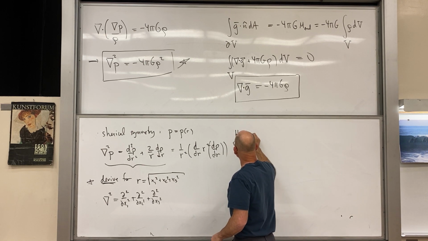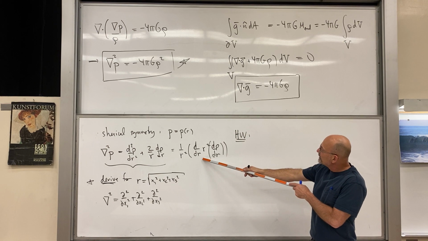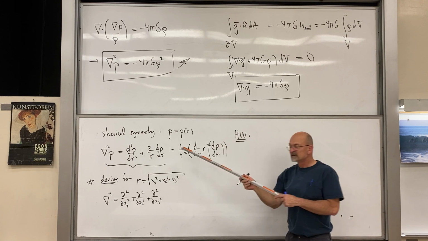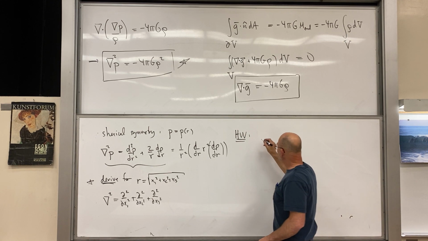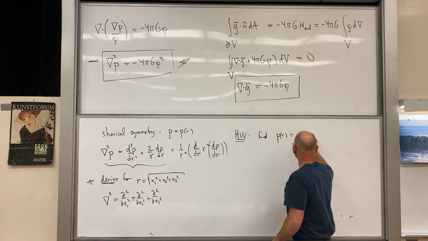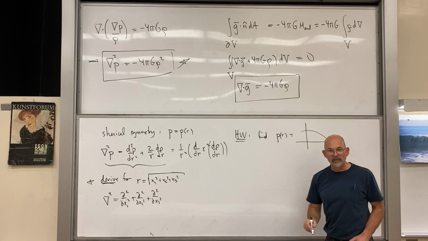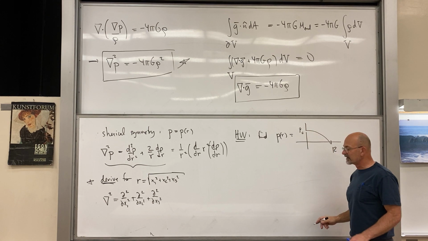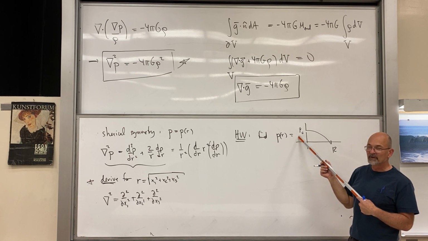So I'm going to leave you guys with this problem, because with this form, since this is a constant, it's just a few lines, and you can integrate this thing up. What you're going to find is P of r equals something that's going to have that form, with a piece of zero, but in this case the zero is not at the surface, it's in the center.